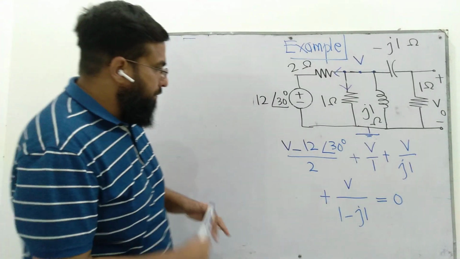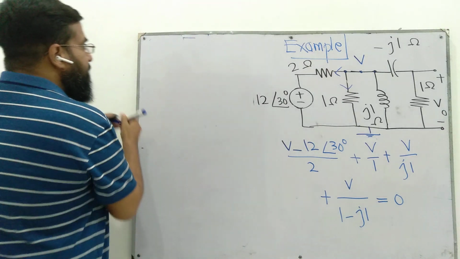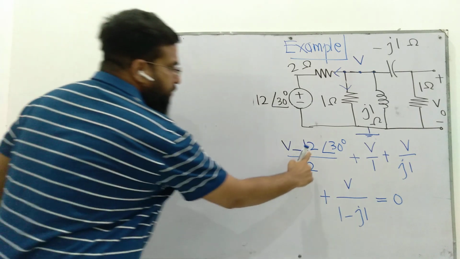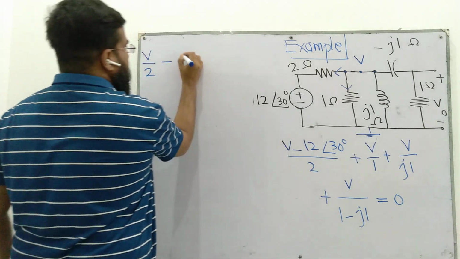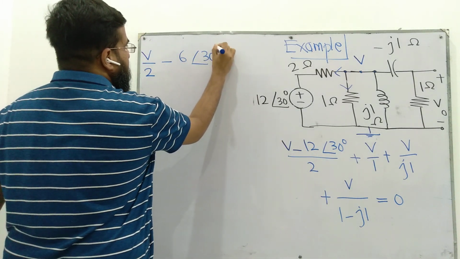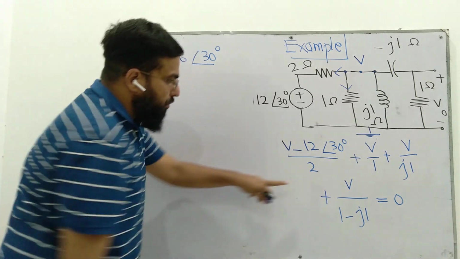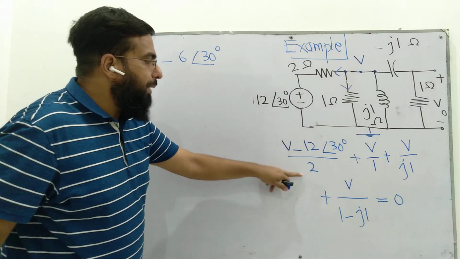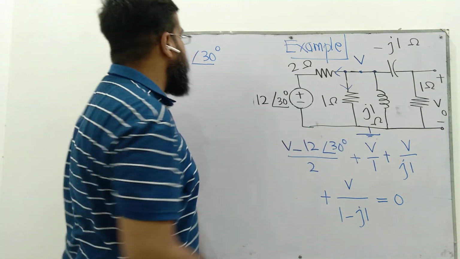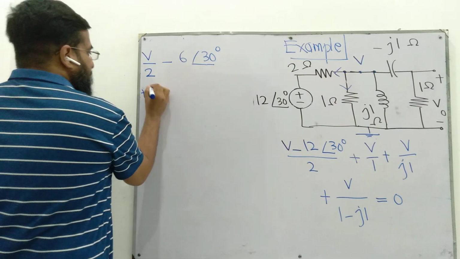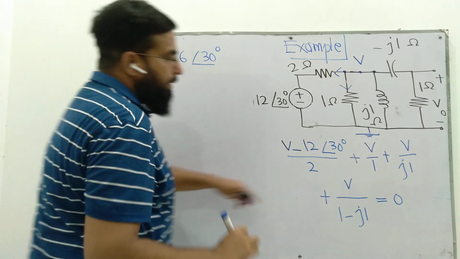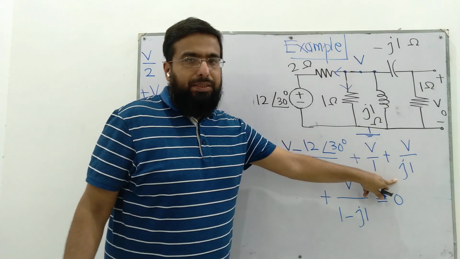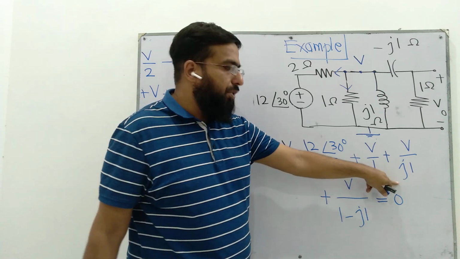So this can be written as V by 2 minus 12 at an angle of 30 divided by 2 becomes 6 at an angle of 30, because 12 can be thought of as a complex number with an angle 0. So 12 by 2 becomes 6, 30 minus 0 is 30, plus V over j1. j1 is a complex number having 0 real part and imaginary part 1.